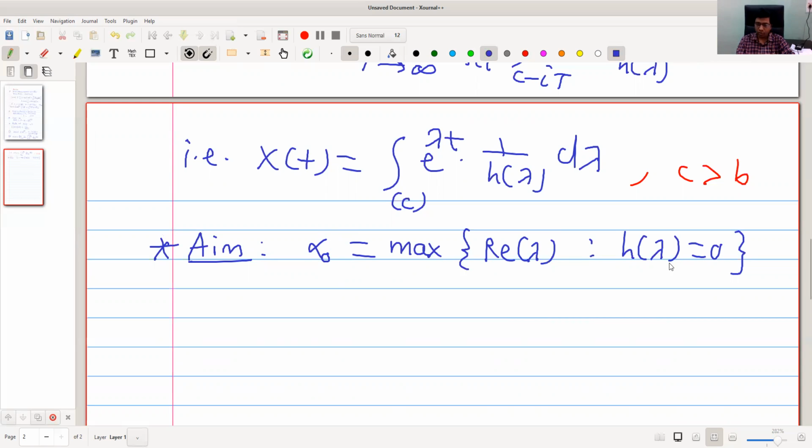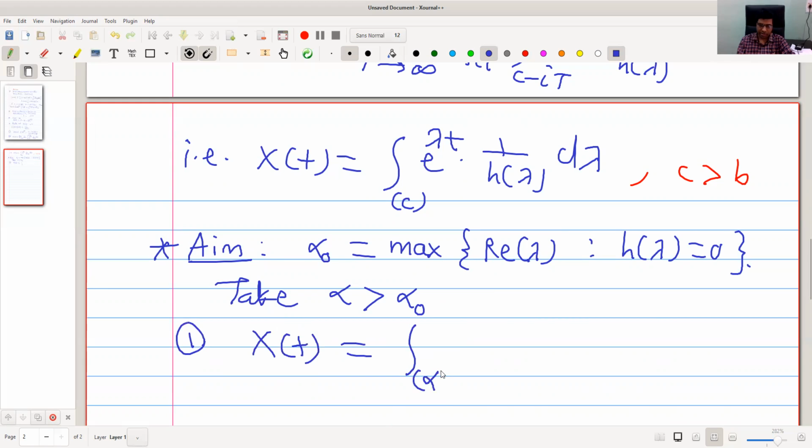Now we take alpha greater than alpha 0, and we show, first thing, that x of t is given in terms of an integral on this line passing through alpha.